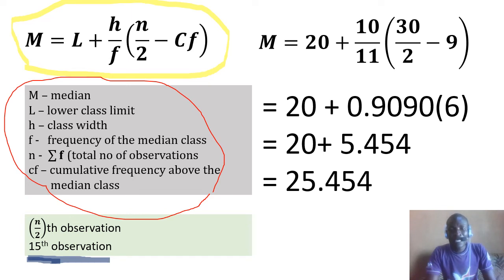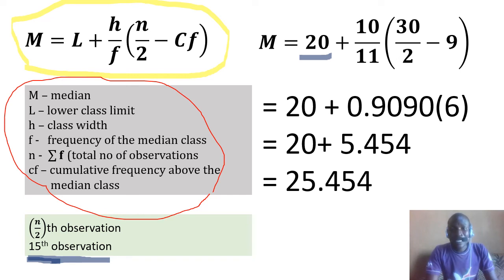If you look keenly, that median falls under class 20 to 30, because when you look at that, we have 26, and when you look up, we have another different value. With this formula, we are going to look at the lower class limit of the class 20 to 30. For class 20 to 30, the lower limit is 20. That is why we have used 20 here.